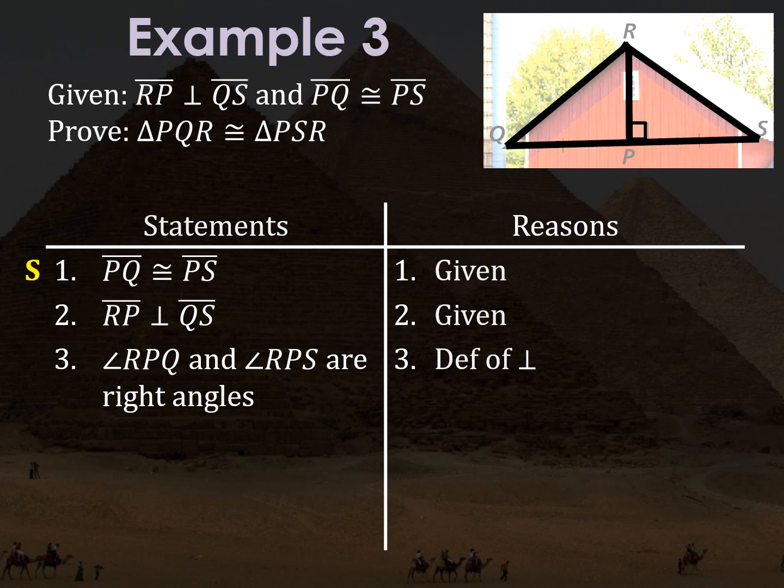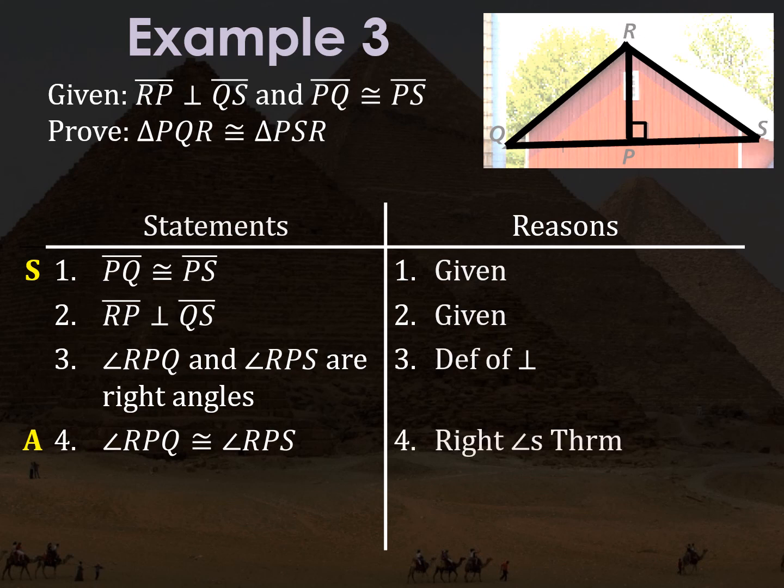Definition of perpendicular segments says that if two segments are perpendicular, they form 4 right angles. So 2 of those 4 right angles are RPQ and RPS. They are both right angles. Statement 4, angle RPQ is congruent to angle RPS. And this is because of, again, the right angles theorem, which says all right angles are congruent.